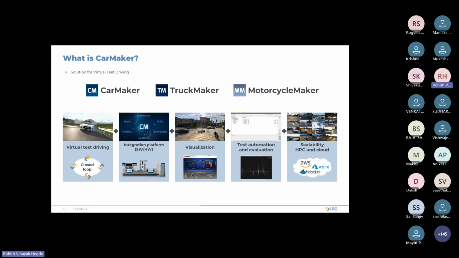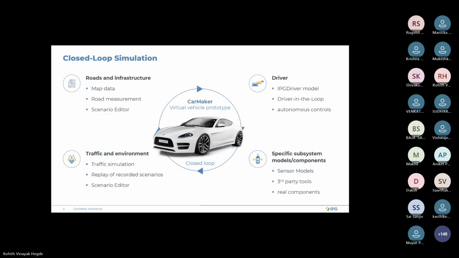CarMaker is a physics engine. It will mirror the real vehicle in a computer model. CarMaker offers a closed loop simulation where we can include the road and road infrastructure like bumps or buildings.